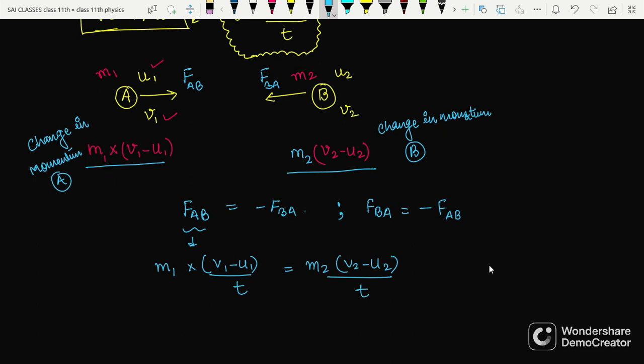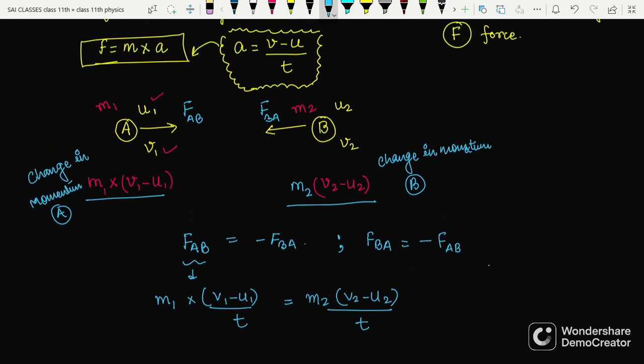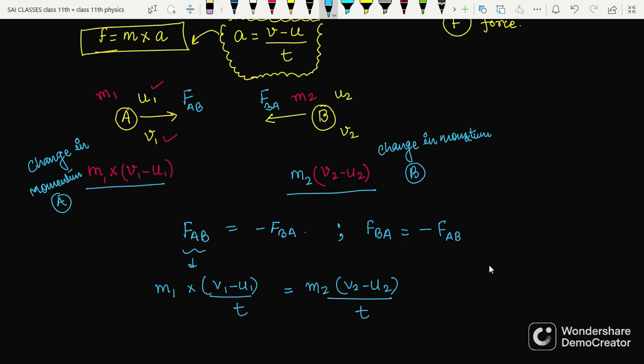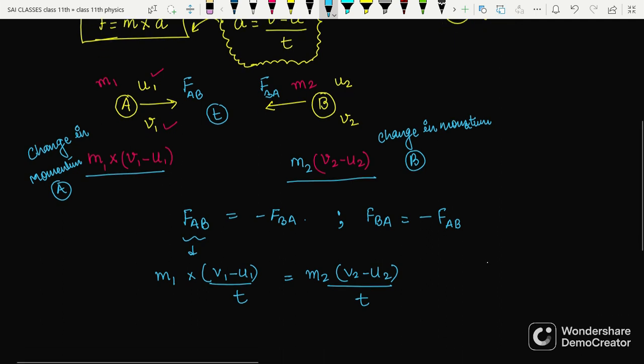Why have we taken the same time here? Because the bodies act on each other over a common time interval. Let that time interval be t. In time t both the bodies collide with each other.